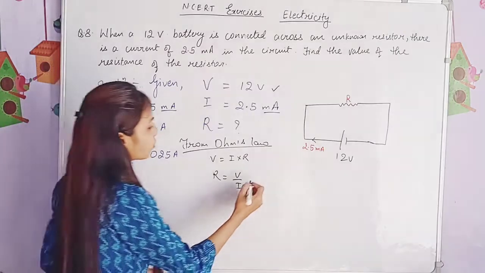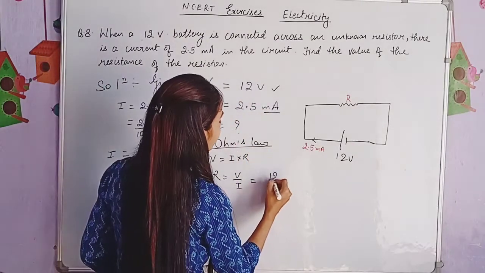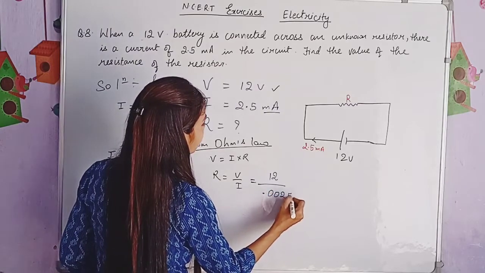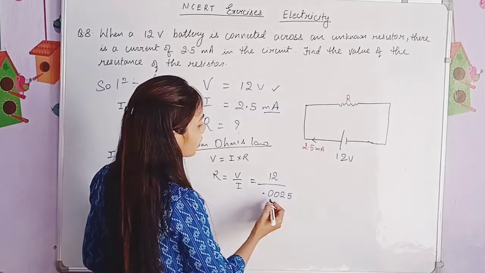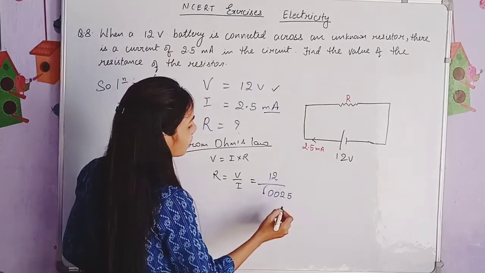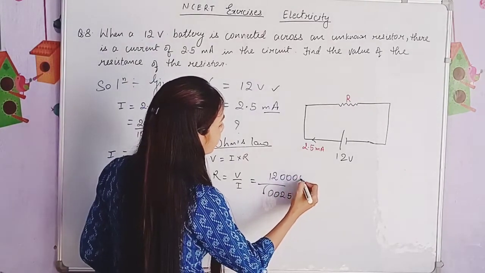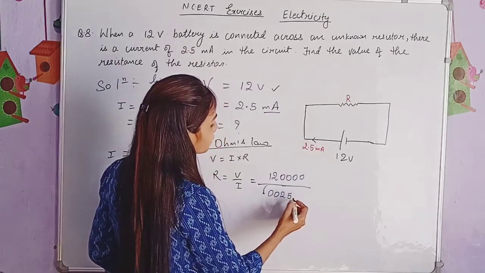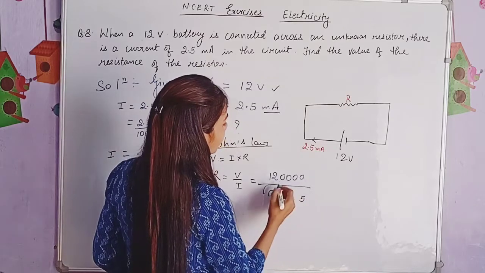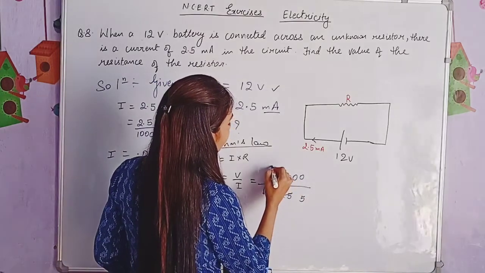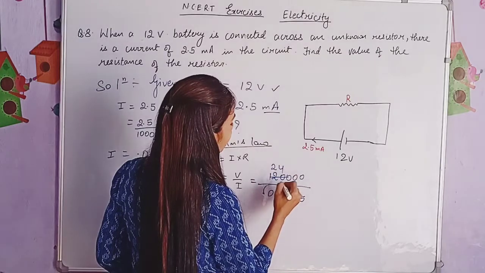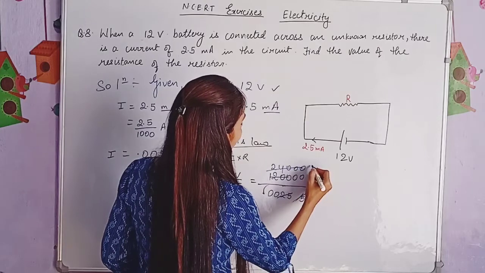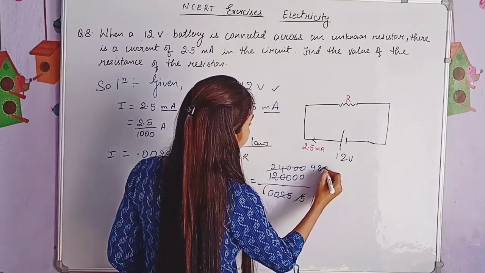Now we can put the value over here. V is given 12, I we have calculated 0.0025. Okay, remove these 4 places of decimal, 4 zeros will be added up, and this could be calculated as 5 fives are 25, 5 twos are 10, 4, again 5 ones are 5, 5 fours are 20, 4 8 0 0.